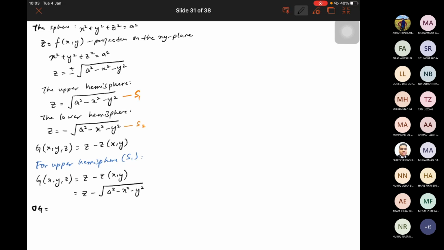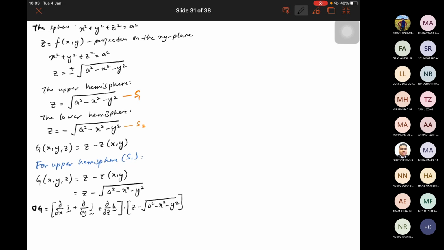So delta G will equal del over del x i plus del over del y j plus del over del z k, having the dot product with z minus the square root of a squared minus x squared minus y squared.